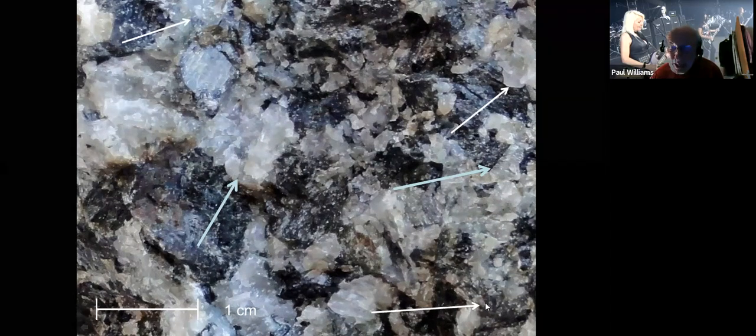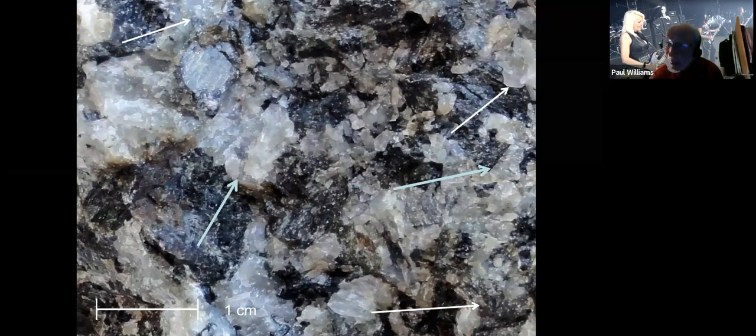That has exactly the same appearance as this stuff that's got the blue arrows on it, there and there. And here, the blue arrows are pointing to stuff which is euhedral. It's got crystal shape. And there's another bit I've just seen down there, and there's another bit down there.